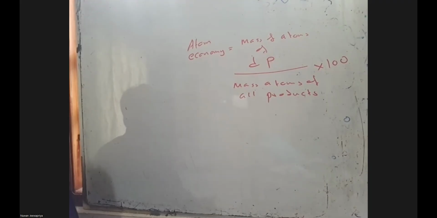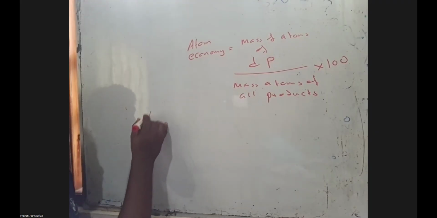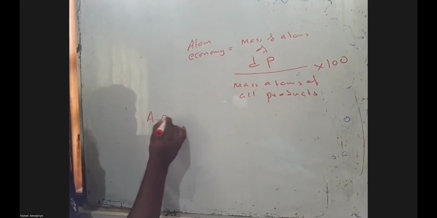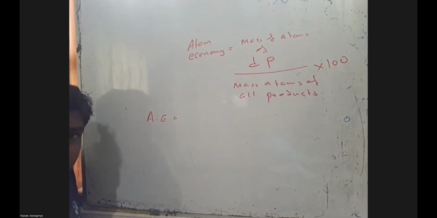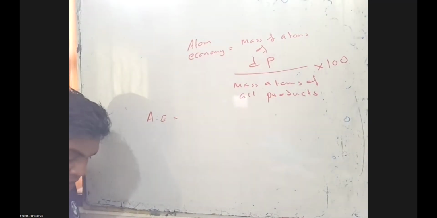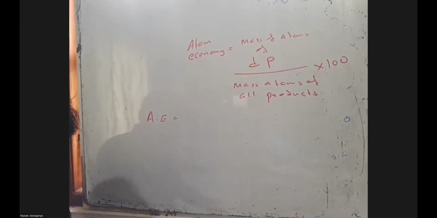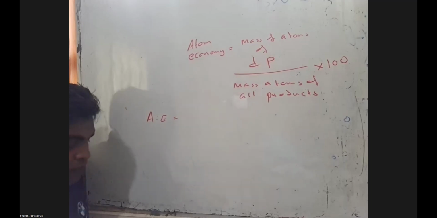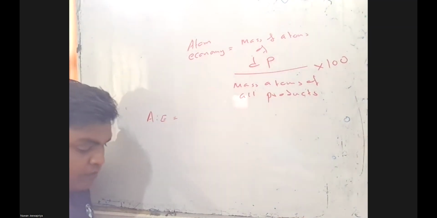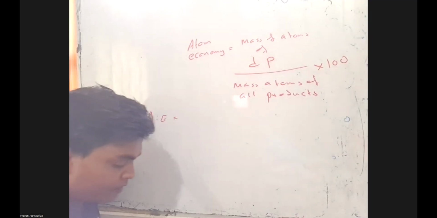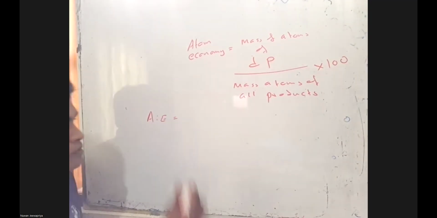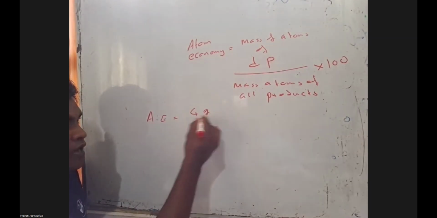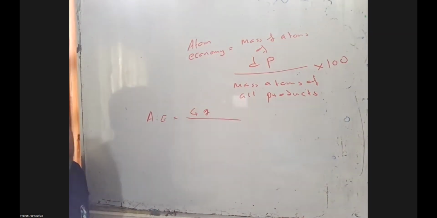So we can write atom economy is equal to mass of the atoms of desired product. First one, you see how much hydrogen is produced? It produces 4 hydrogen, so 4 grams, because that's the desired product.